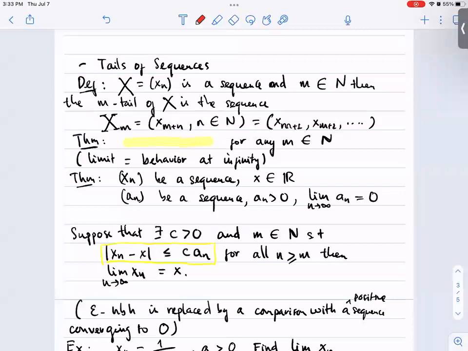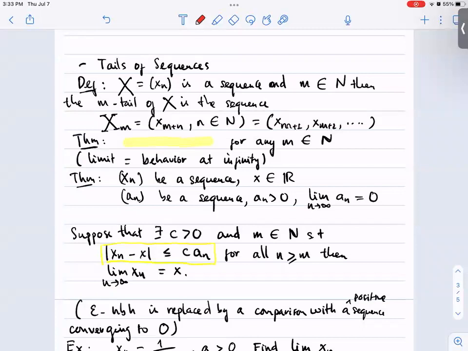That is, this is the sequence of x_(m+1), x_(m+2), and so on. Basically, in order to obtain the m tail of a sequence, we just delete the first m elements in the sequence, and the rest is the tail of that sequence, the m tail of that sequence.